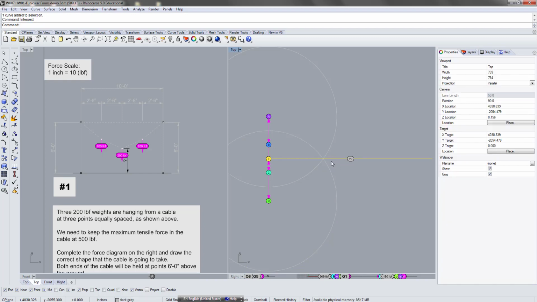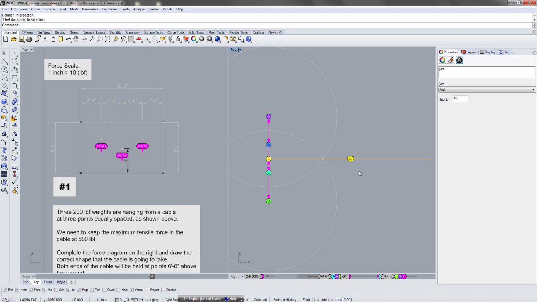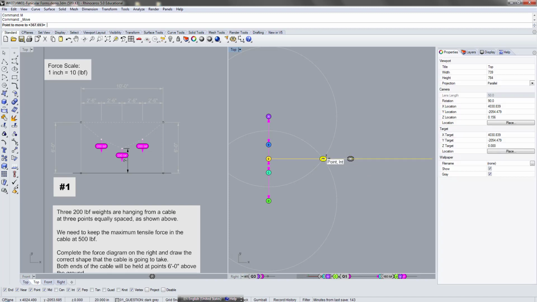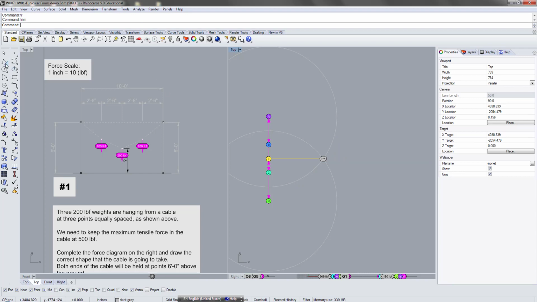So let's make an intersection. So the point P needs to be located there, which actually helps us guarantee now, if I delete these circles and connect these two points, the length of that line is 50 inches.